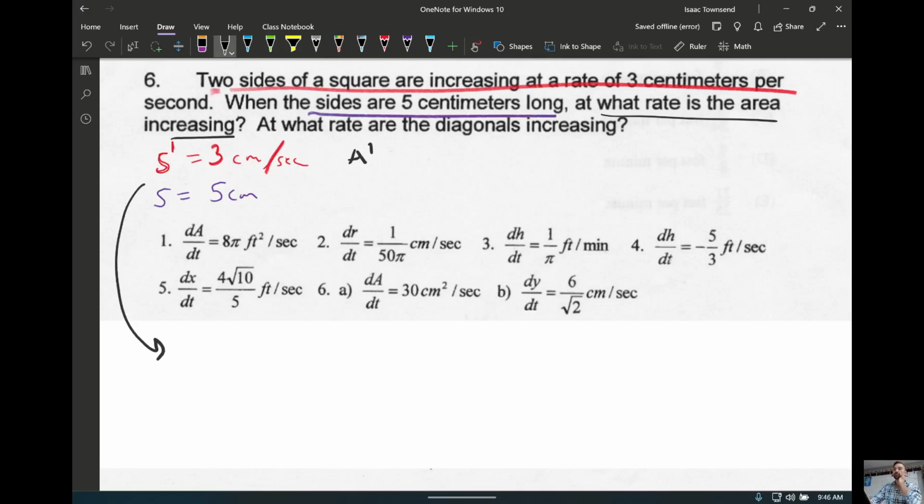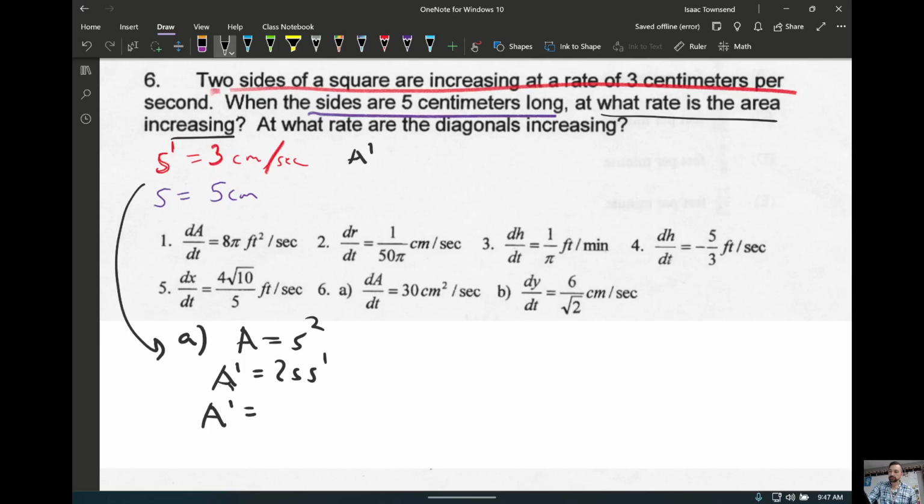Okay, so this is a two-parter. This is part A. So square, talking about area. Area of a square is A equals S squared. Derivative of left and right side with respect to time. Make sure you understand why this is A prime and why there's an S prime there.